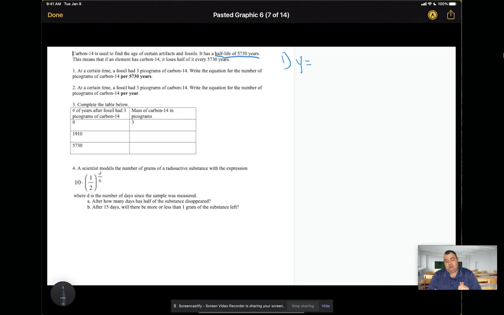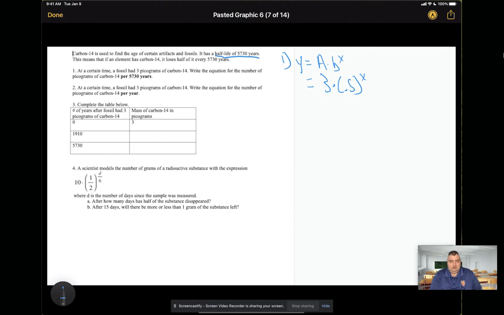So I'm going to use my exponential decay formula since it's a half-life. My initial value here is going to be 3. My decay factor is going to be a half, because it's a half-life, to the power of x.